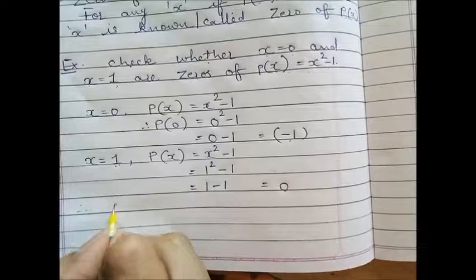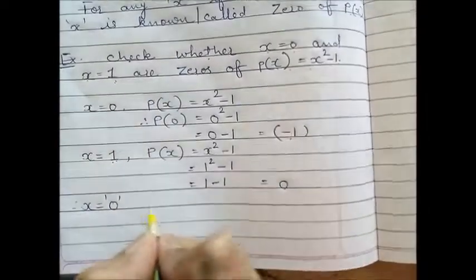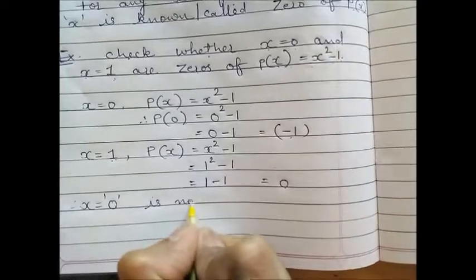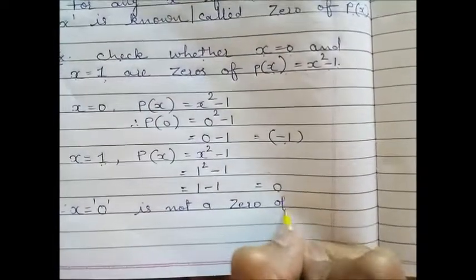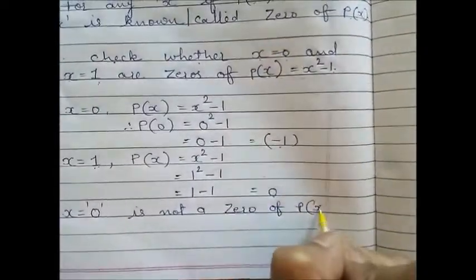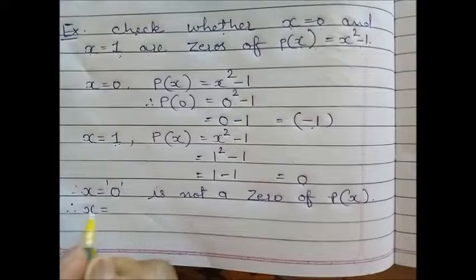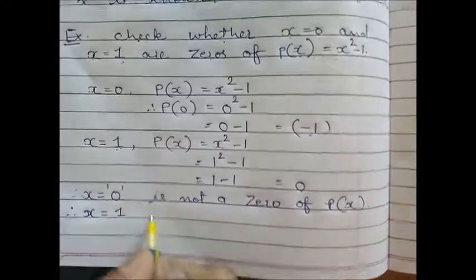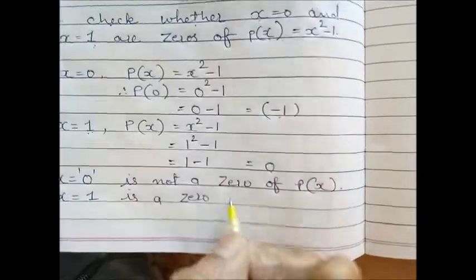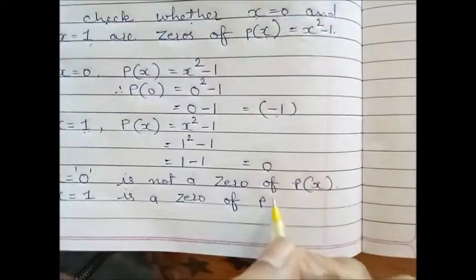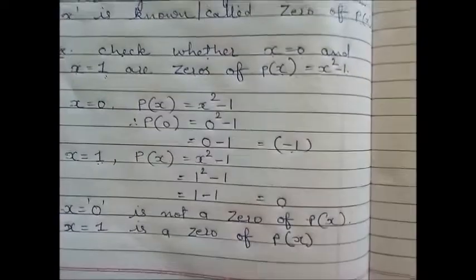Therefore we can write that x is equal to 0 is not a zero of polynomial p of x. At the same time, x is equal to 1 is a zero of p of x.